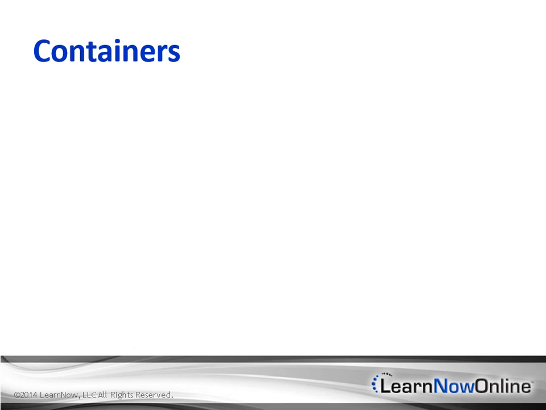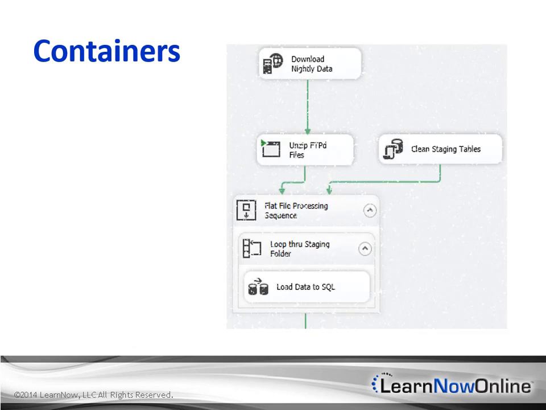So, for example, say that you're building an Integration Services package that downloads a set of text files with data that you want to import into SQL Server. This figure shows a portion of this kind of package that downloads the files, then uses a sequence container to perform tasks in order, and a for each container to process each file in a specified folder.